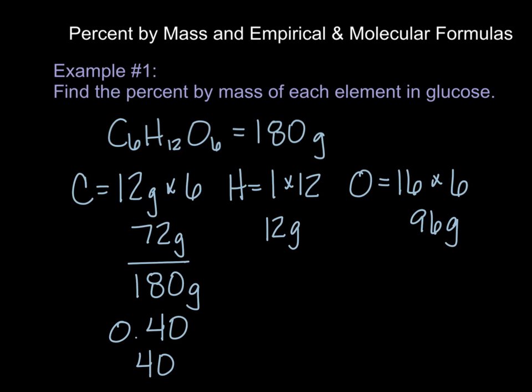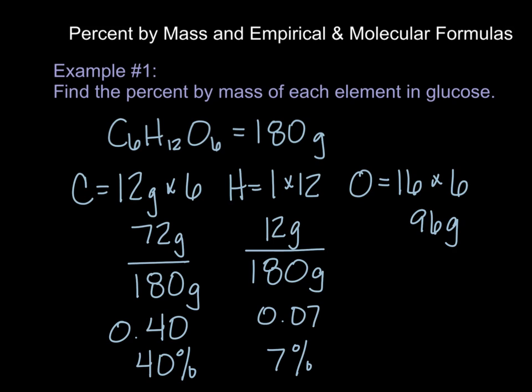So carbon is going to make up 40% of my glucose molecule by mass. Hydrogen, when I compare its mass to the mass of 1 mole of glucose, I get 12 grams divided by 180, and I get 0.07, but to put that in percent, I multiply by 100%, and I get 7%.